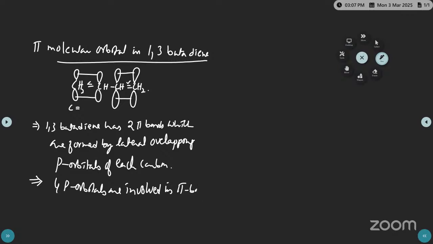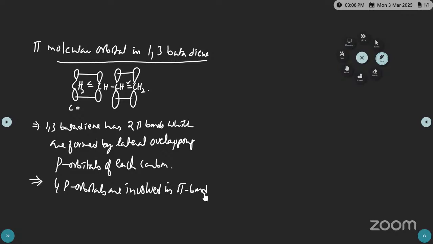So how many pi molecular orbitals are formed? The number of pi molecular orbitals equals the number of atomic orbitals, the unhybridized p atomic orbitals.